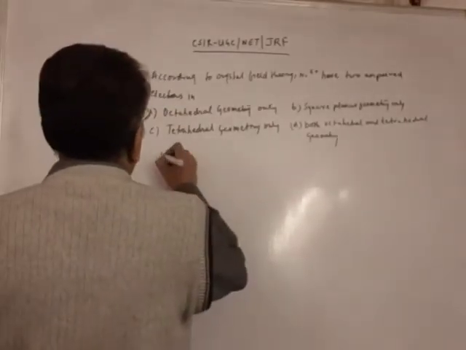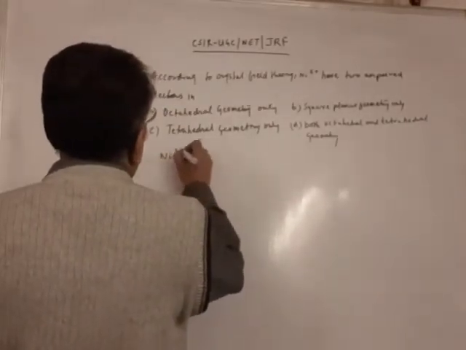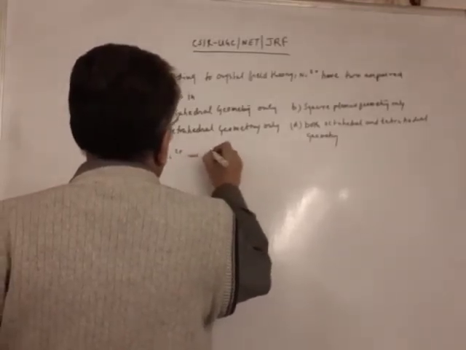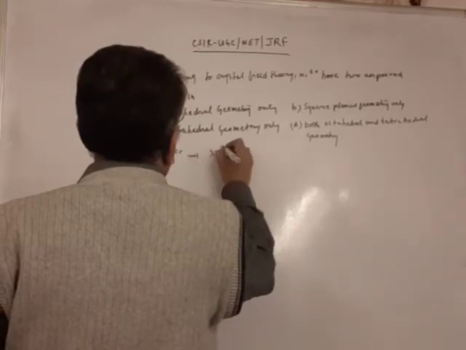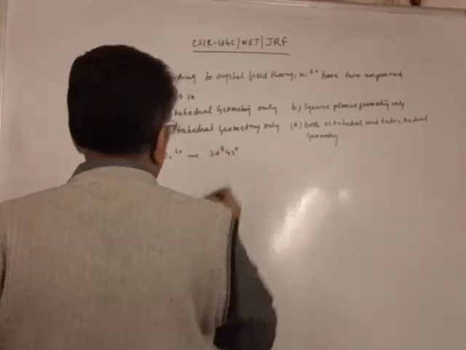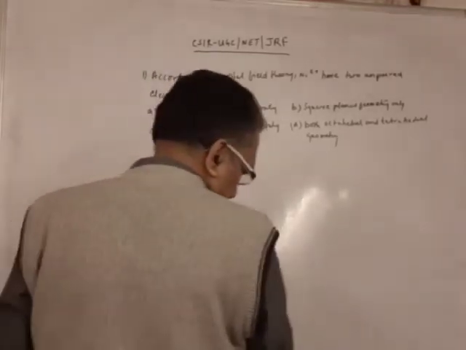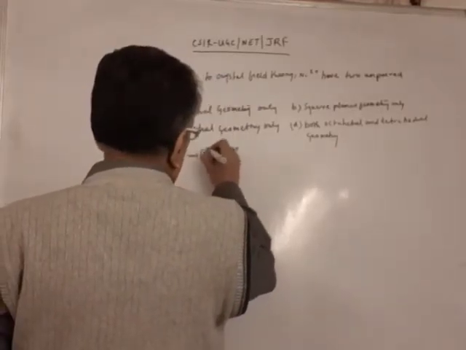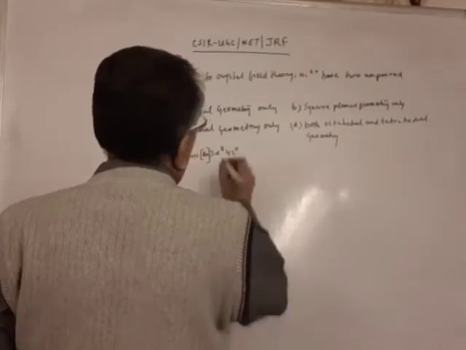Now in case of Ni2+, the electronic configuration is 3d8 4s0, and before it there is the argon core, 3d8 4s0.